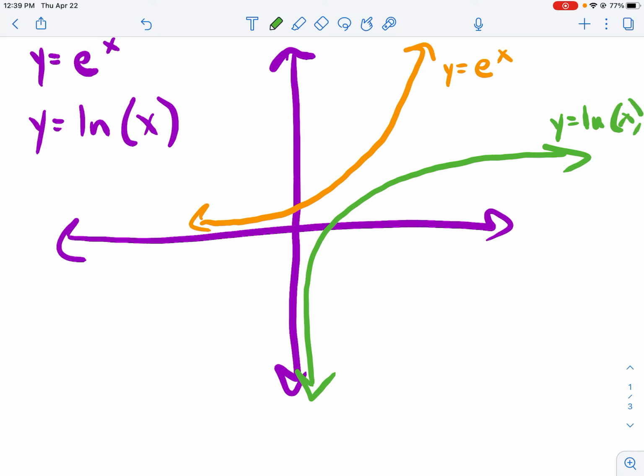Now remember, when we're talking about the natural log, even though we don't see it, our base is e.